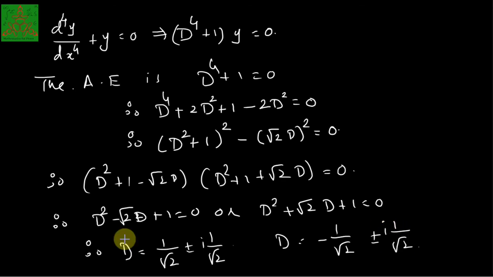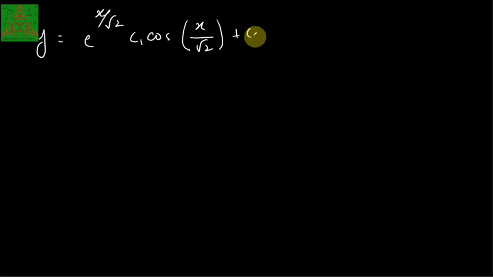So we can write down the solution in the form, so the y, which will be the complementary function here, will be e power x by root 2 (c1 cos x by root 2 plus c2 sin x by root 2).